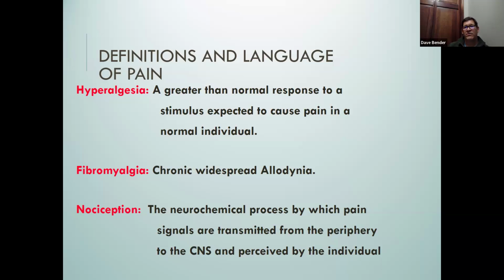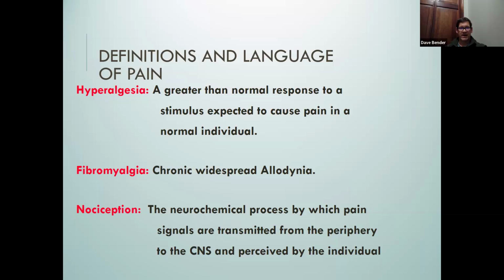If I have a grade 3 strain of my hamstring, it's coming from the inflammation and irritation within the muscle. If I have Achilles tendinopathy, it's nociception from the irritation of the tissue and the pain fibers peripherally. So I think of nociception as coming from the periphery, which is different from a neuropathic or centrally mediated pain, where there may be very little nociception coming from the peripheral tissues.